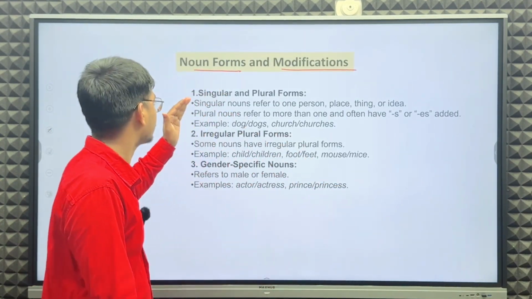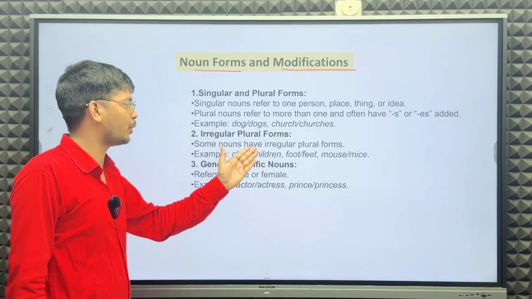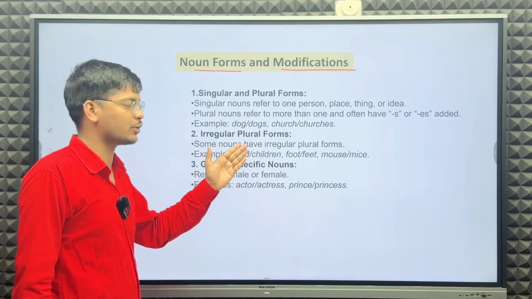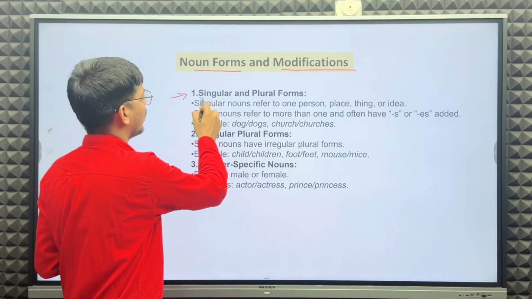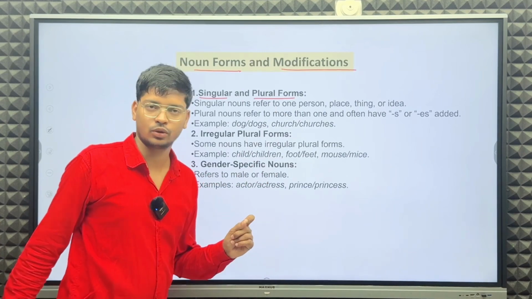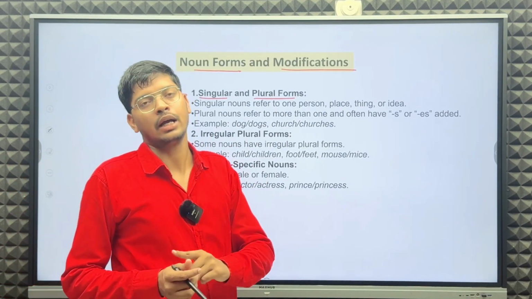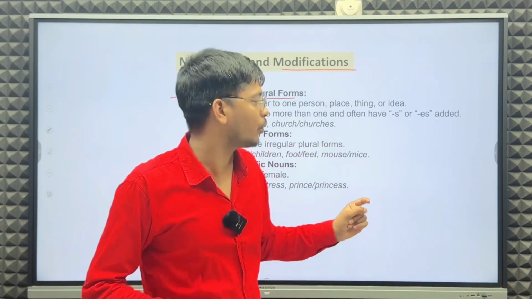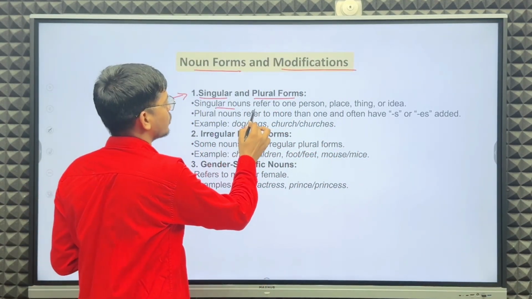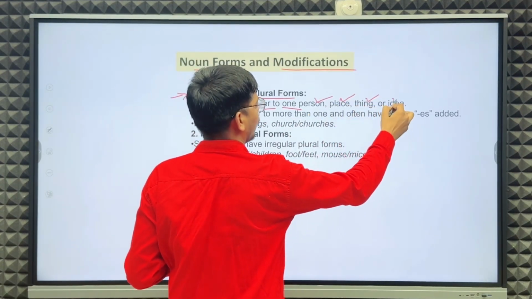So singular or plural forms, irregular plural forms, and gender specific nouns. Singular means one and plural means more than one. Singular nouns refer to one person or one place or one thing or one idea.